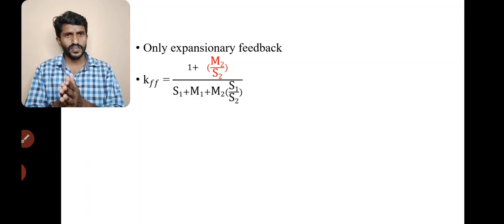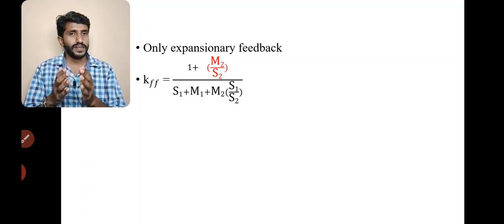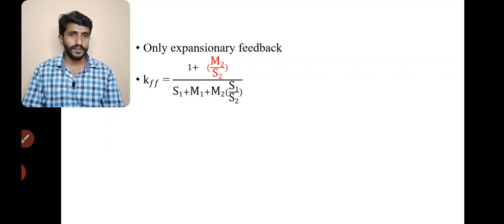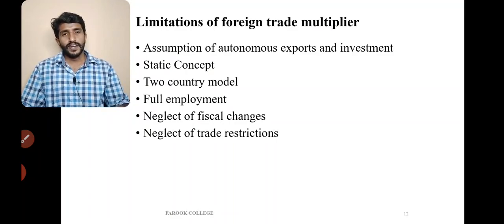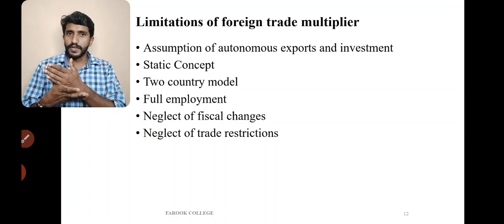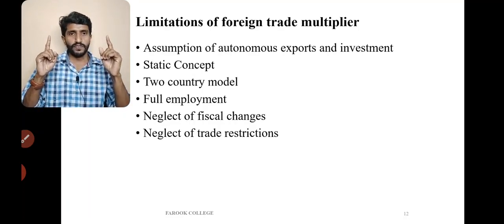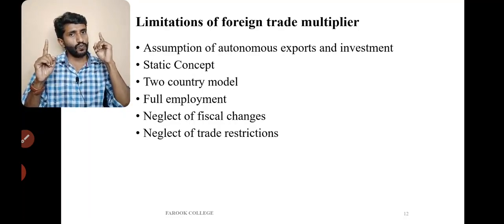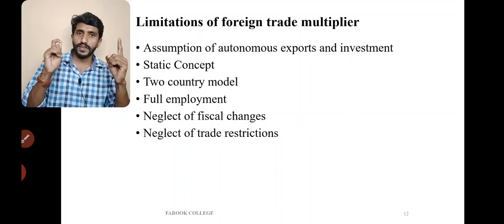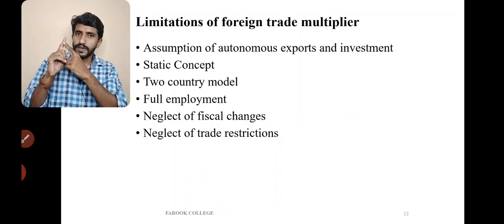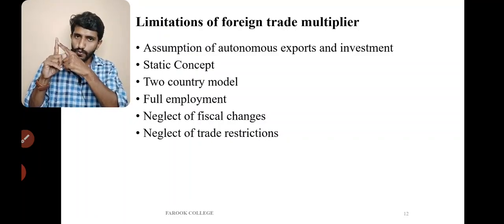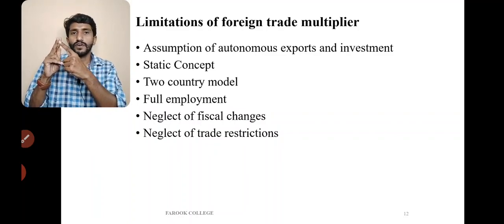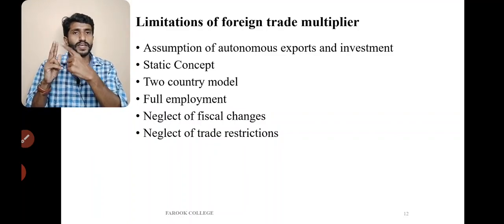So this is the equation of the foreign trade multiplier of investment with repercussions. Both are with repercussions. So I think it is clear what the foreign trade multiplier is and what the difference is between the foreign trade multiplier without repercussions and with repercussions. In the with repercussions case also, there are two possibilities: foreign trade multiplier of export and foreign trade multiplier of investment. So both can happen.